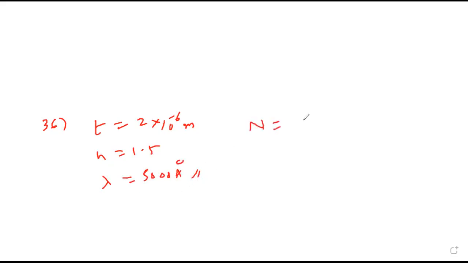A thin mica sheet of thickness 2 into 10 raised to minus 6 meter and refractive index 1.5 is introduced in the path of one of the interfering beams. Wavelength is 5000 angstrom. Then the central bright fringe will shift by how much? If you remember the formula I had given, shift in fringes is (mu minus 1) into t by lambda.